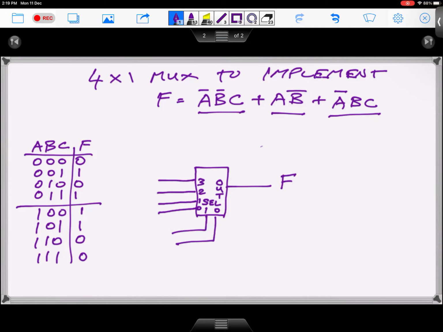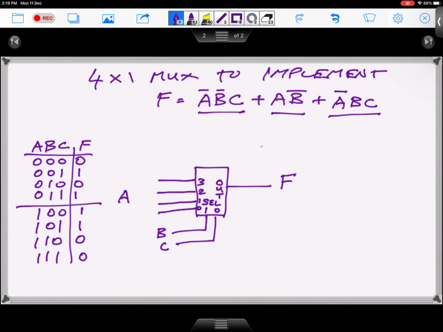Everything on the inside has to be labeled, and on the outside, it has to be labeled. Now, C is the least significant bit, so that is once again going into the 0 select line. Then we have B going into the 1. And now we have to have A going into the 4 of these.